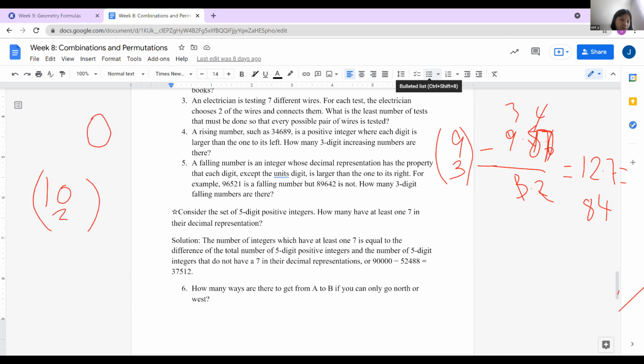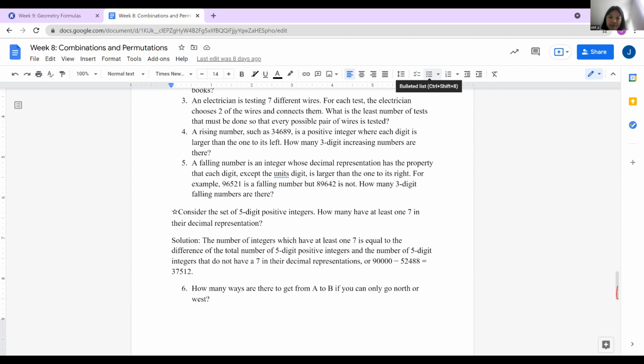So it's 10 choose 3. So the 2 and the 8 cancel, and the 3 and 9 cancel. 120. Okay. Yeah.